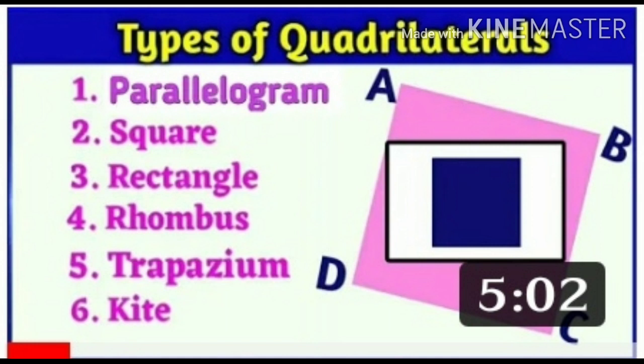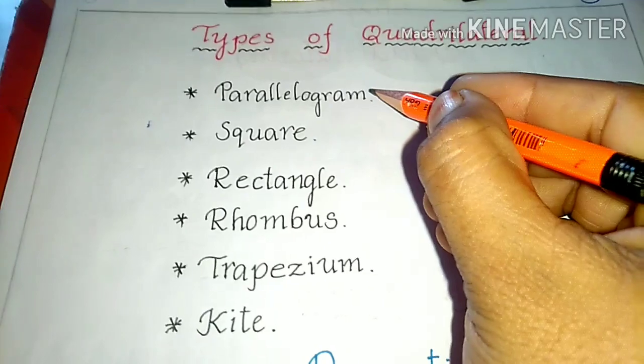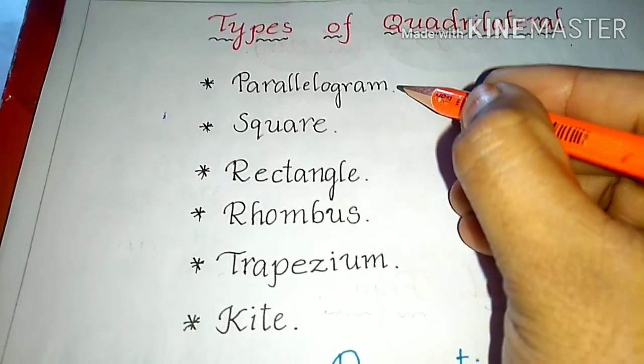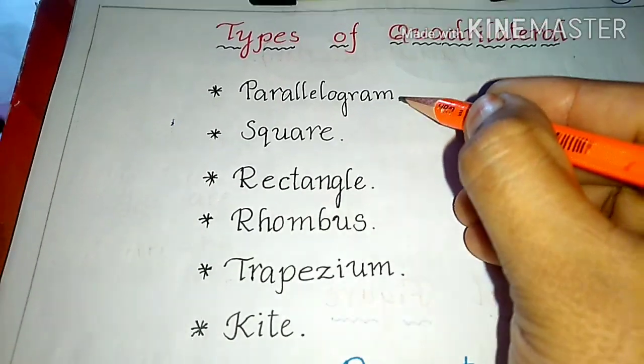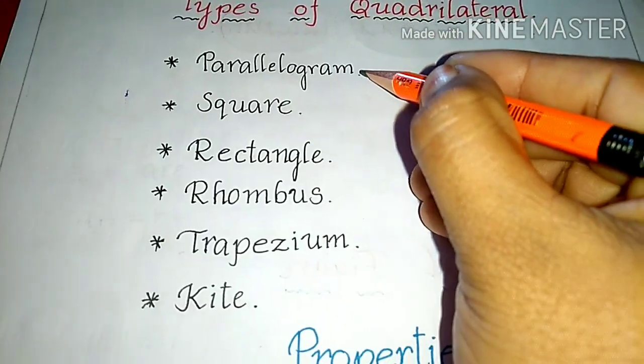So the next topic is types of quadrilateral and their properties. What quadrilaterals are, we learned in the first topic.